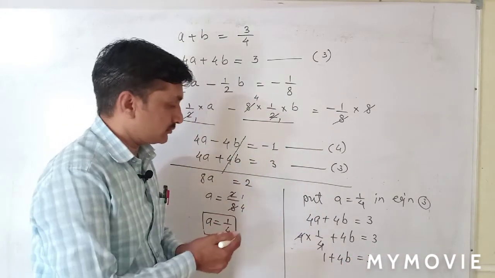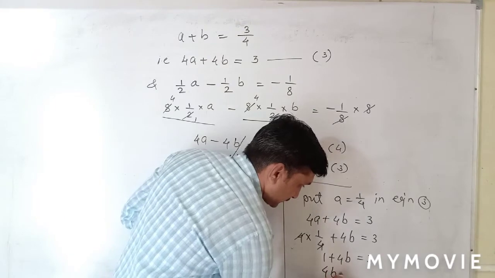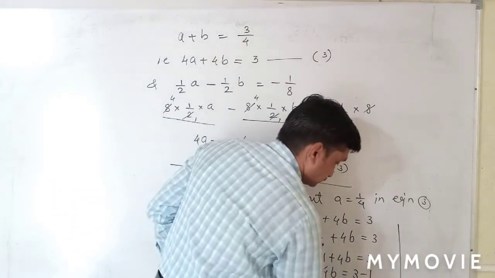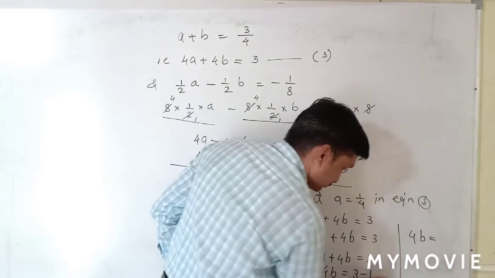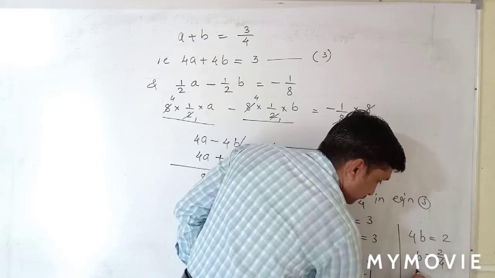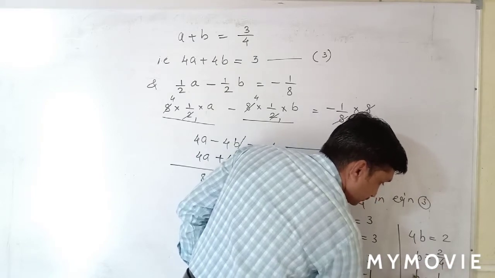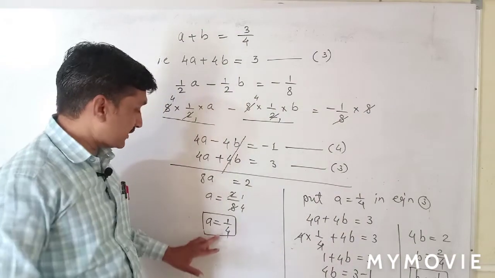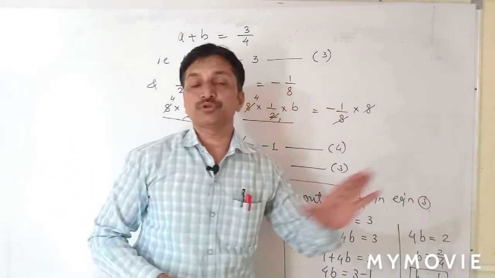Now transferring, 4b is equal to 3 minus 1, 4b is equal to 2, b is equal to 2 upon 4, b is equal to 1 upon 2. In this way we got the value of a as 1 upon 4 and the value of b as 1 upon 2.